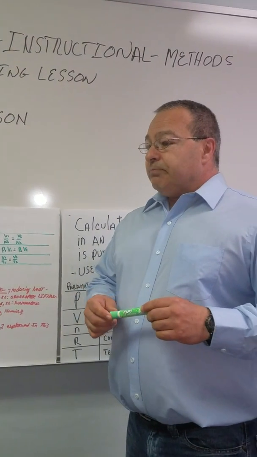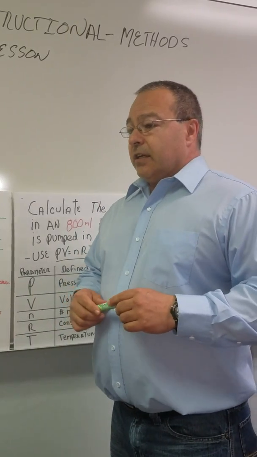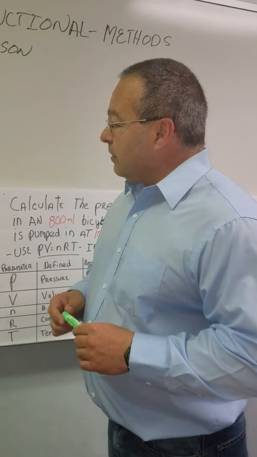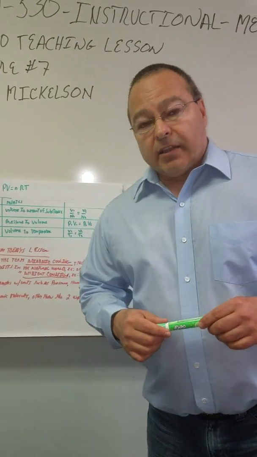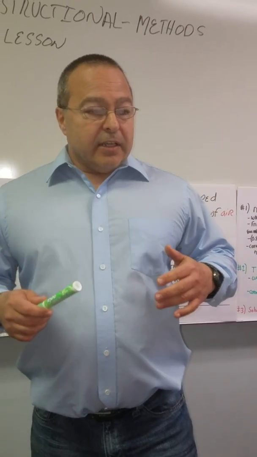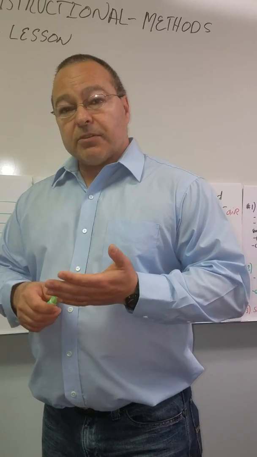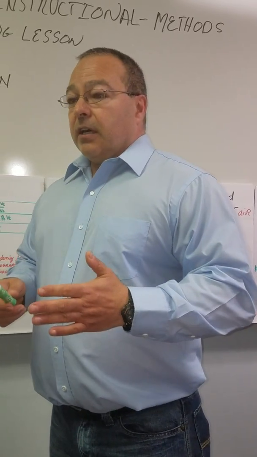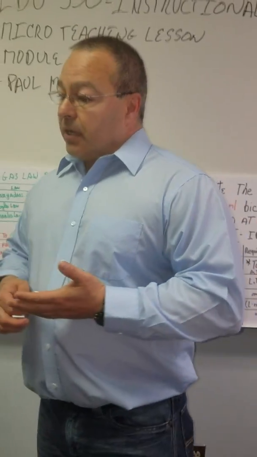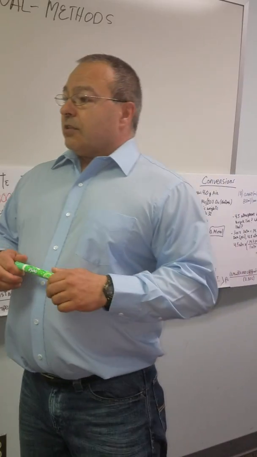And what we're going to teach today is a chemically related equation called the ideal gas law. What I like about the ideal gas law is that it's a very interesting equation that comprises elements not only of chemistry, which is what it's founded in, but also earth science, general science, mathematics, and physics.